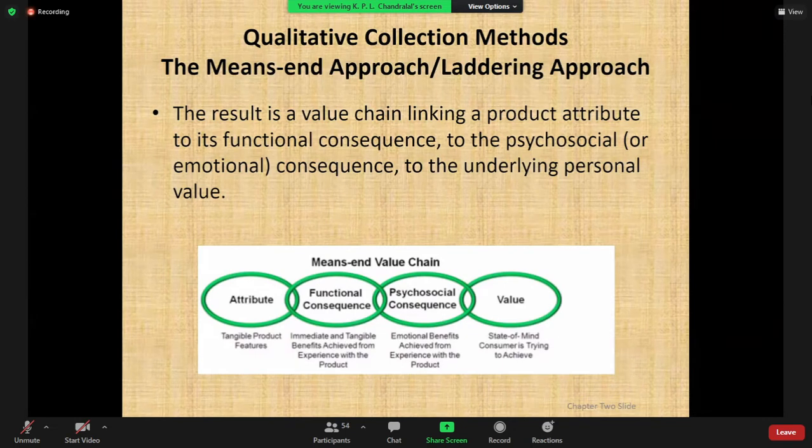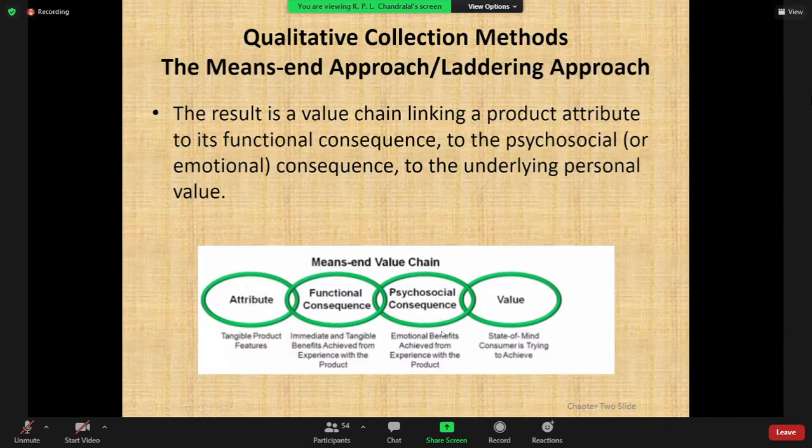So there you can see this is the sequence. First, we try to uncover the attributes that have influenced the customers to buy the brand. Then we try to uncover, with these attributes, what functional consequences the customer wanted to realize.